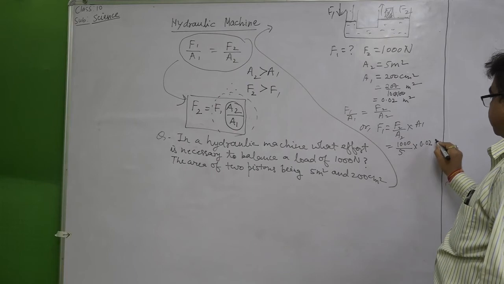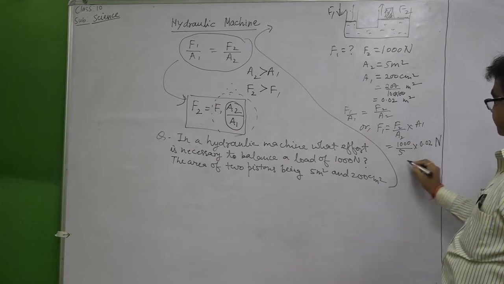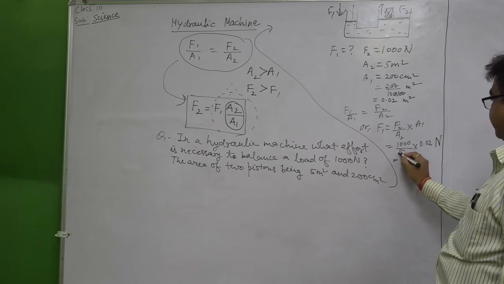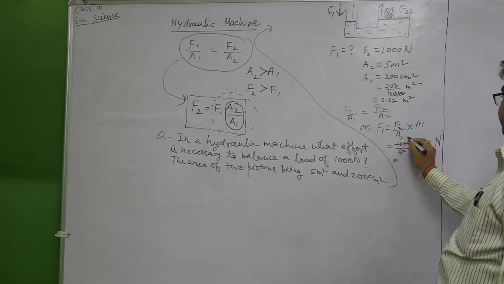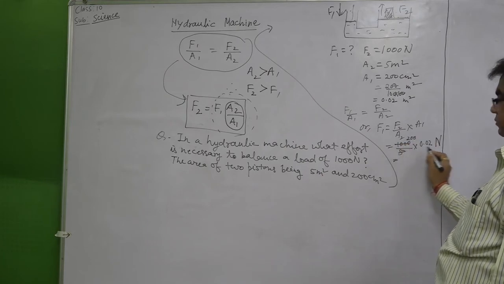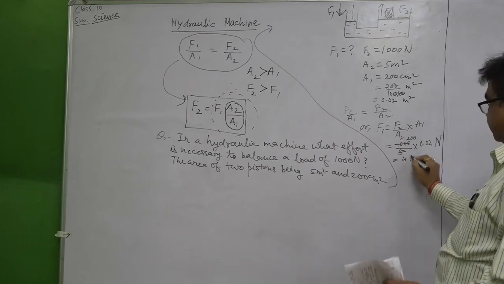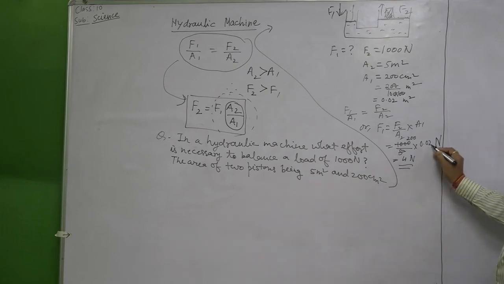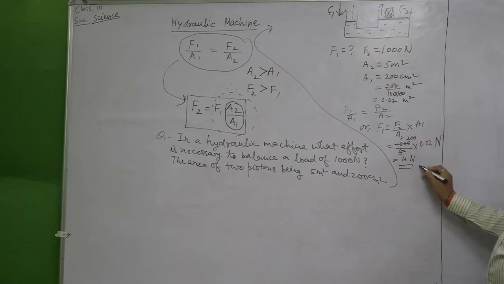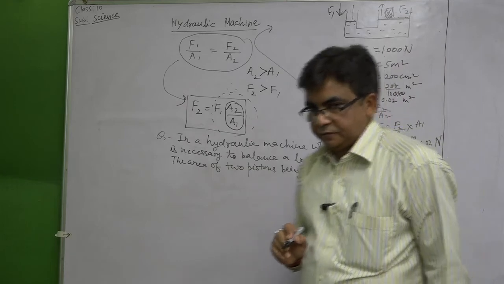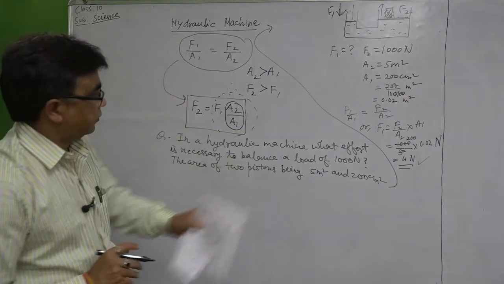F1 is a force, so the unit will be Newton. If you cancel, 5 twos are 10, and 1000 into 0.02 upon 5 gives 4 Newton. So 4 Newton is the effort which you have to apply. The answer is 4 Newton.